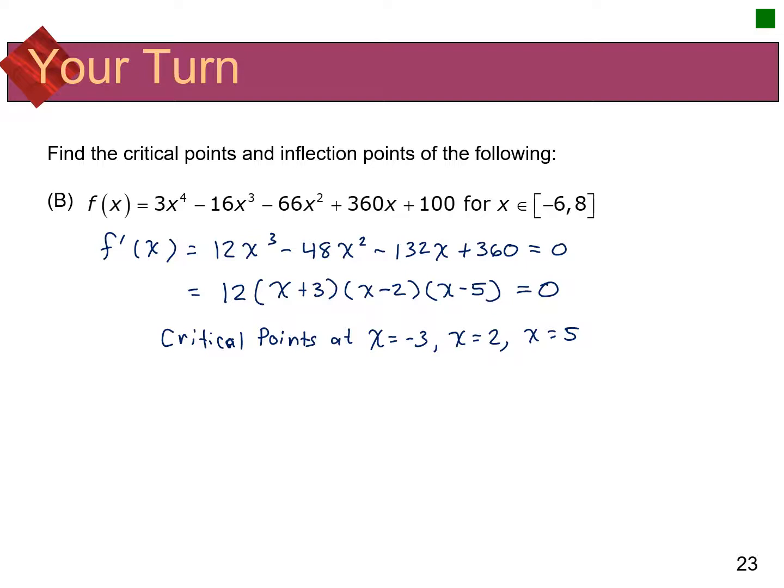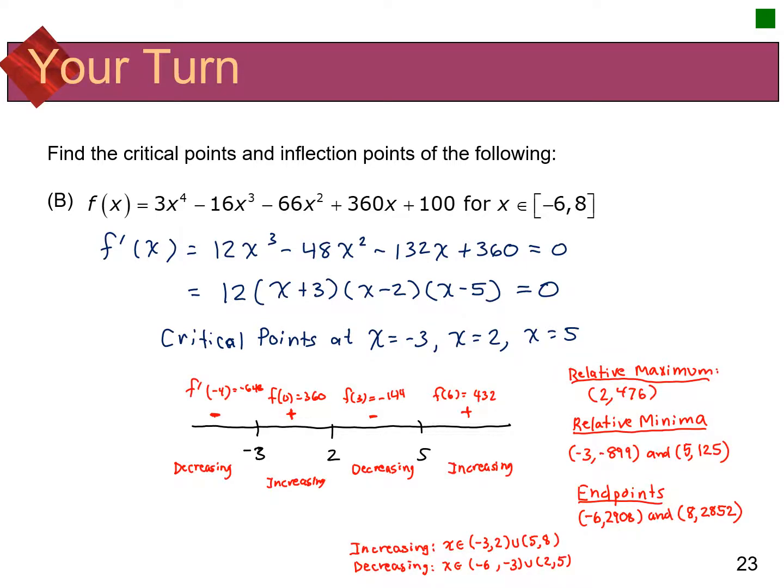If you have a calculator that does have a solver on it, you can certainly use that. So negative 3, 2, and 5 are what ends up on my number line. And I'm going to pick x values that lie on one side or the other or between any of these critical points to calculate what's going on for f of x between them.